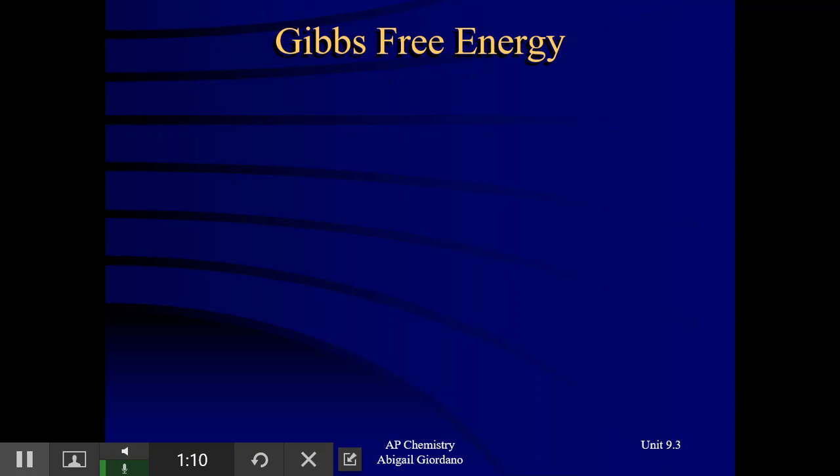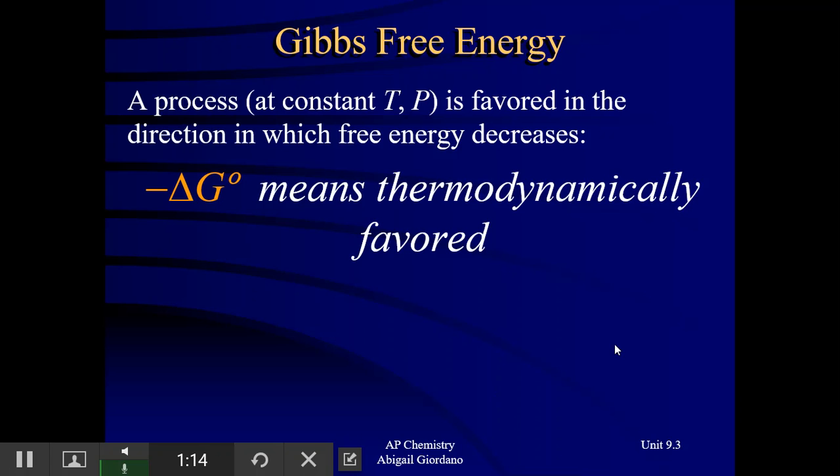And there is a concept called Gibbs free energy, and it has the variable G for Gibbs free energy. Delta G means the change in Gibbs free energy for a particular reaction. And one of the things that delta G is really useful for is determining whether a process is thermodynamically favored or not.